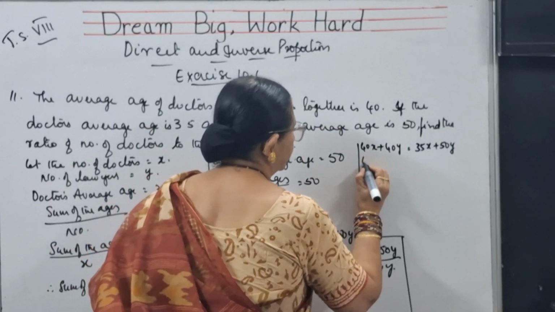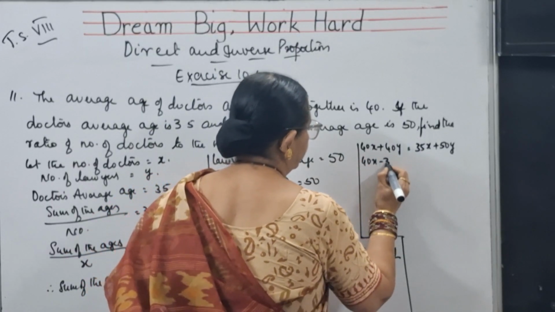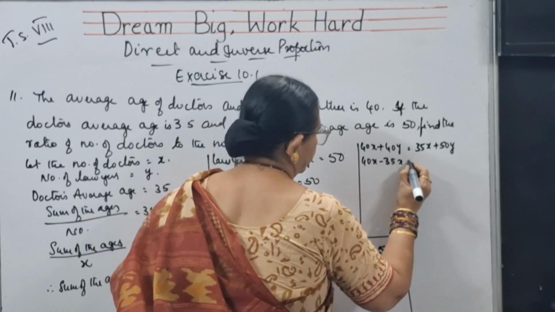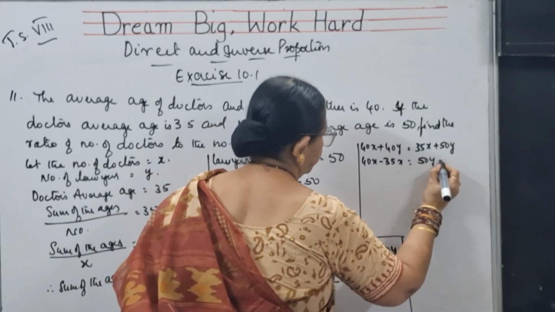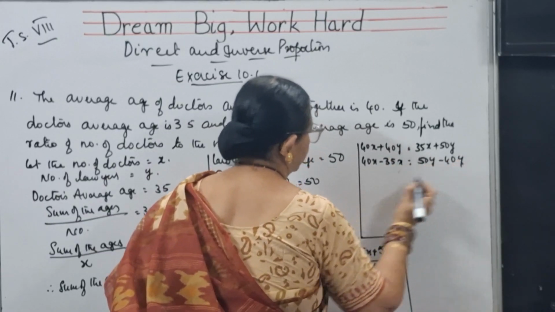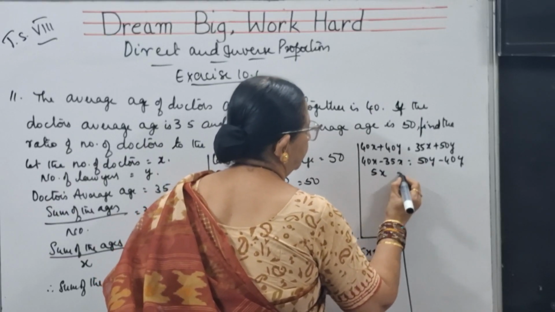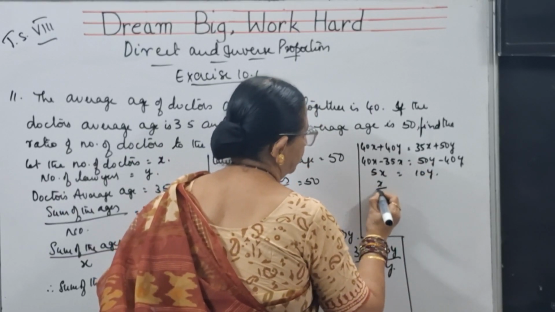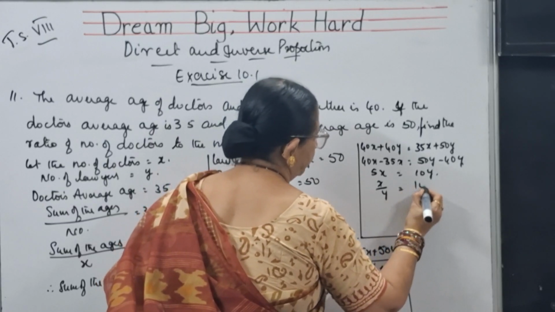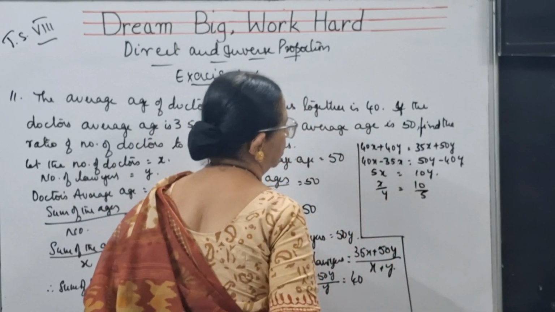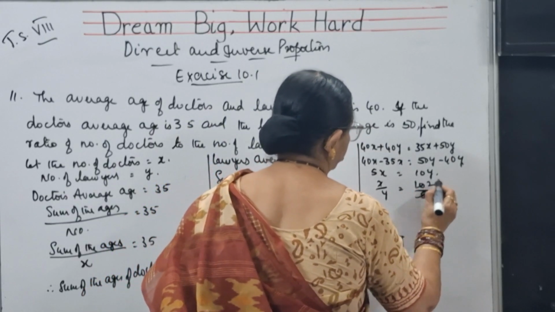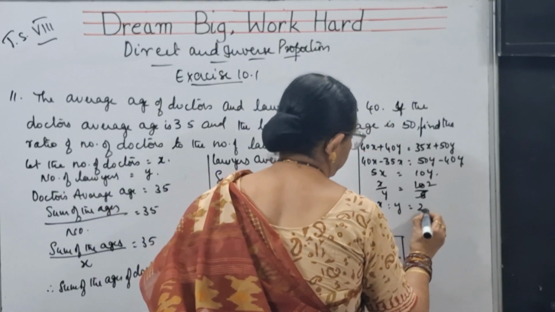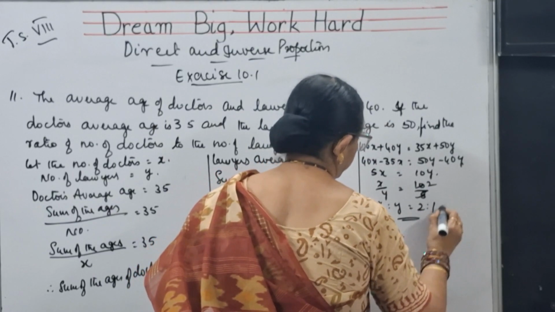That means 40x minus 35x is equal to 50y minus 40y. 5x is equal to 10y. So what is x by y? X by y is 10 by 5, that is 2. So x is to y is equal to 2 is to 1.